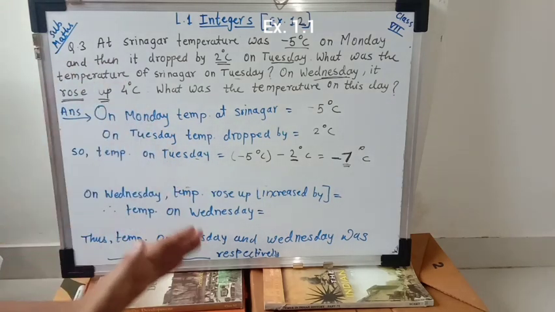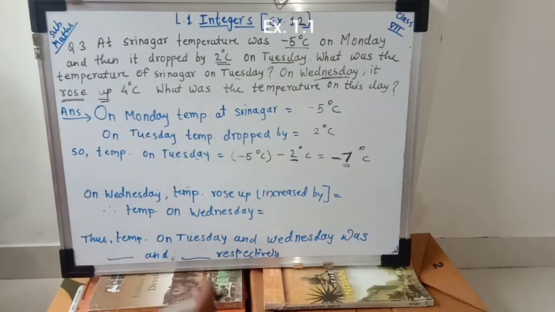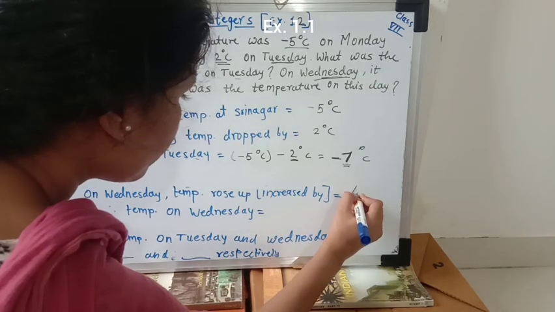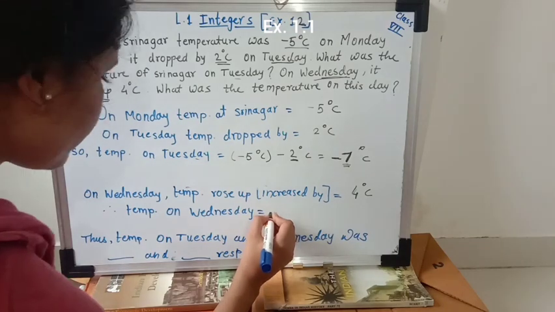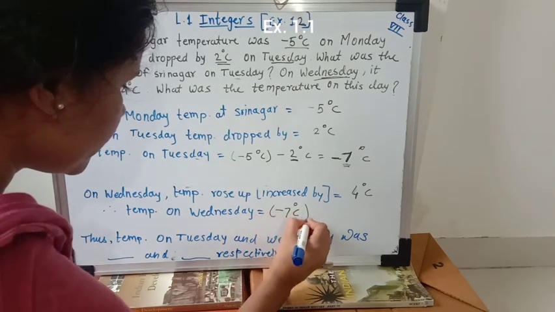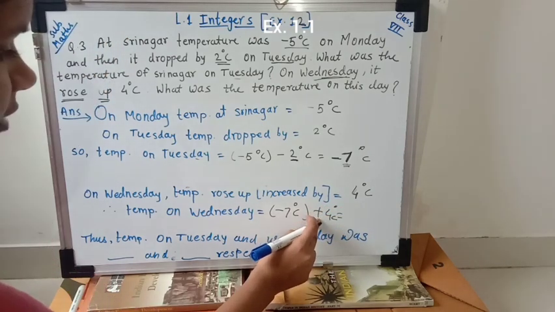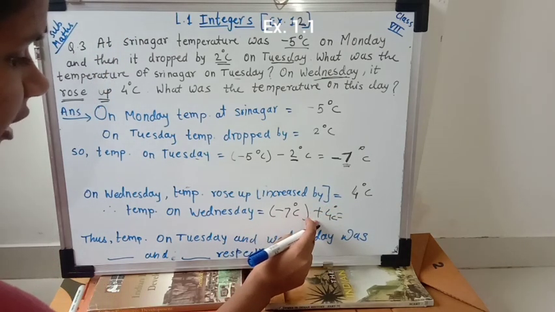So what was the exact temperature on Wednesday? Here we will do the addition. Increased by 4 degrees Celsius, so minus 7 degrees plus 4 degrees Celsius.